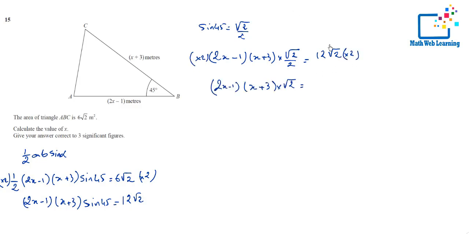That will give me 24 on this side, because 12 times 2 is 24 on the right hand side. Now I still have to deal with this square root 2. That's simple. Just divide by square root of 2 here and divide by square root of 2 there, because that would eliminate it. Now I can expand. Well, let me first, before expanding the two brackets, just rewrite it nice and neat.